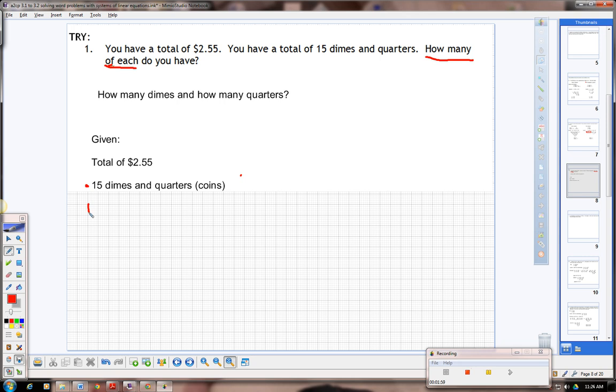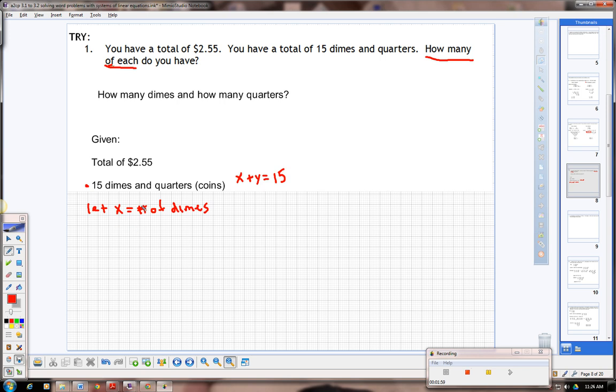So if I let x equal, and that's why it's really tough, let x equal number of dimes and y equal number of quarters, I know that x plus y is going to give me 15.